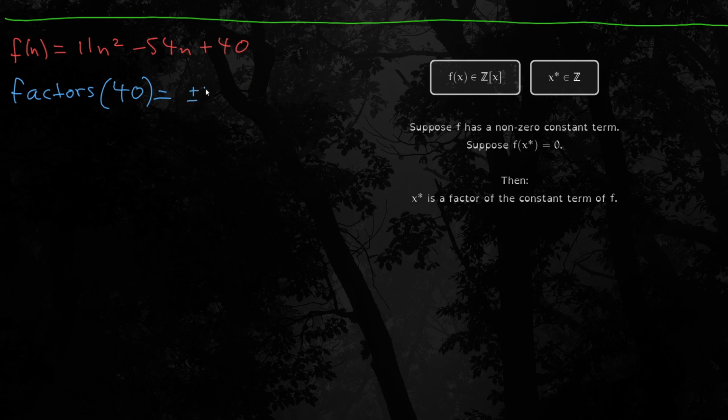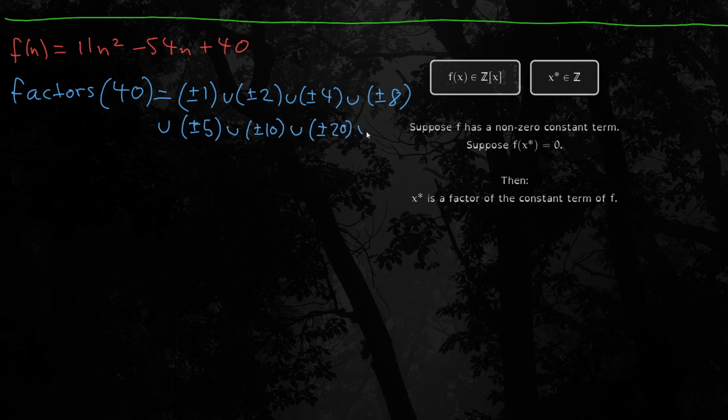Let's start with the ones that don't contain a factor of 5: plus or minus 1, plus or minus 2, plus or minus 4, plus or minus 8. Union, and now we'll list the ones that do contain a 5: plus or minus 5, plus or minus 10, plus or minus 20, plus or minus 40.